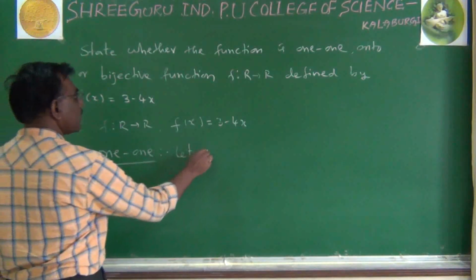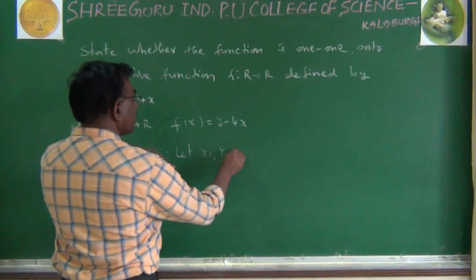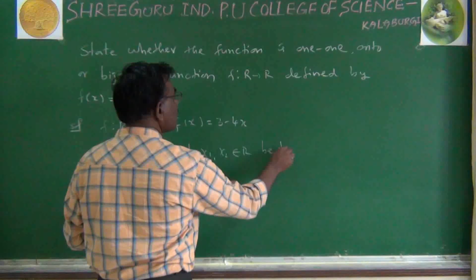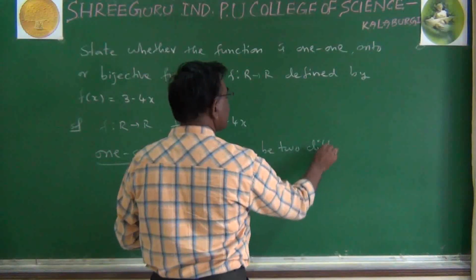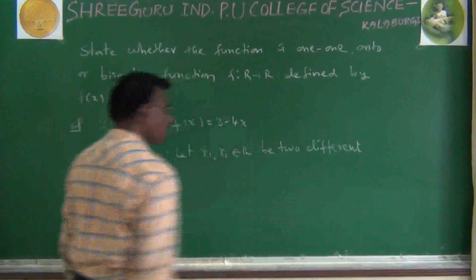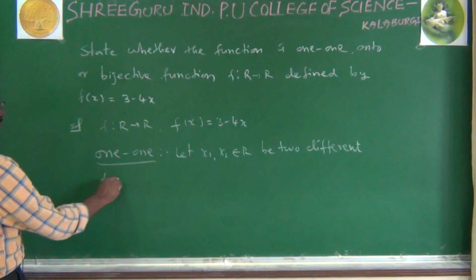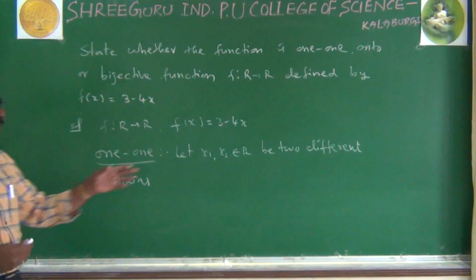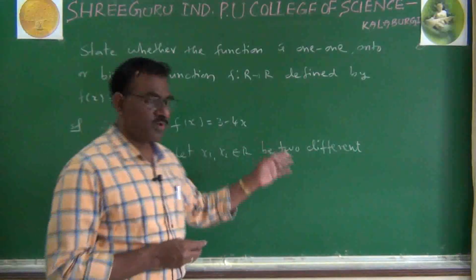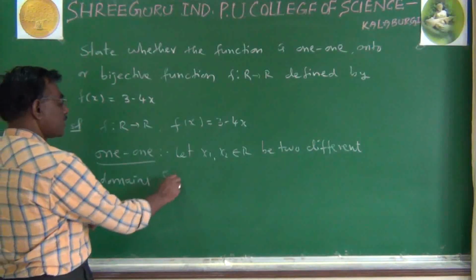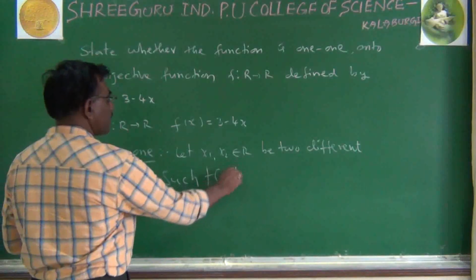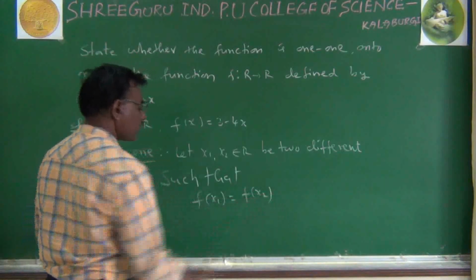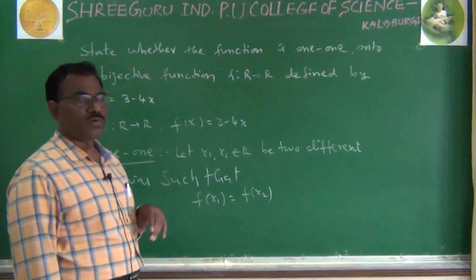Let x1 comma x2 belongs to R be two different domain elements such that f of x1 equal to f of x2. So we have to prove x1 equal to x2.